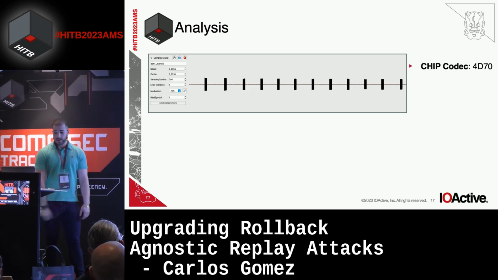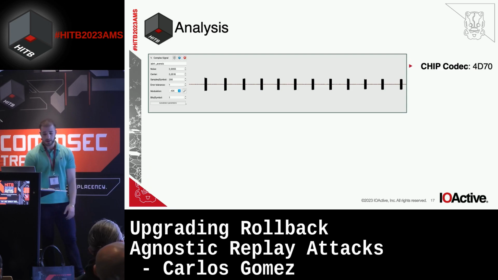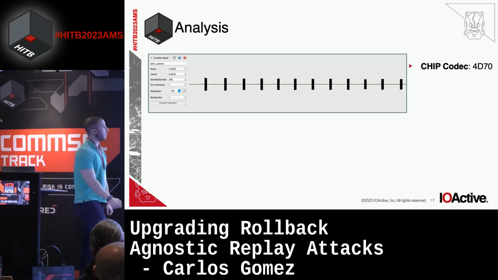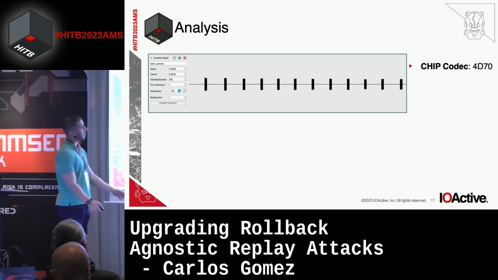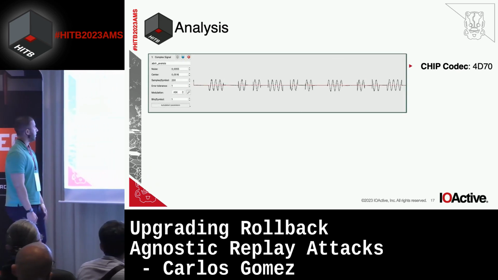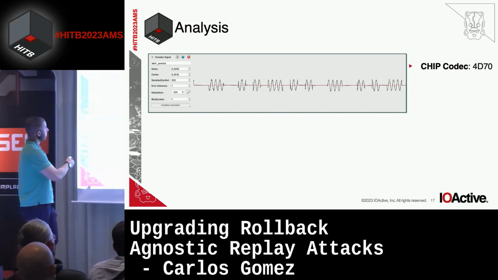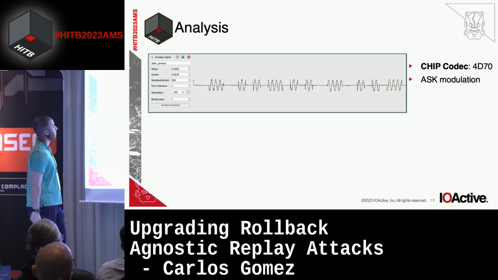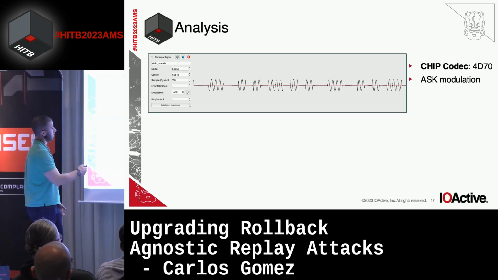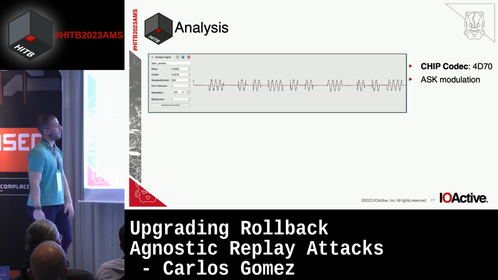The first thing that I did was to identify the encoding that the key fob is using. The other was to identify the modulation. You can see here we have ASK modulation, and we are using Universal Radio Hacker, so the modulation is going to be detected automatically.